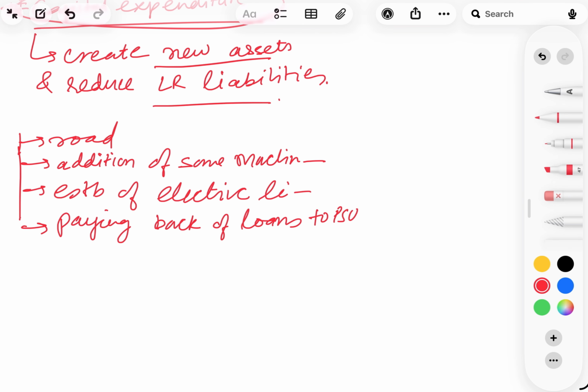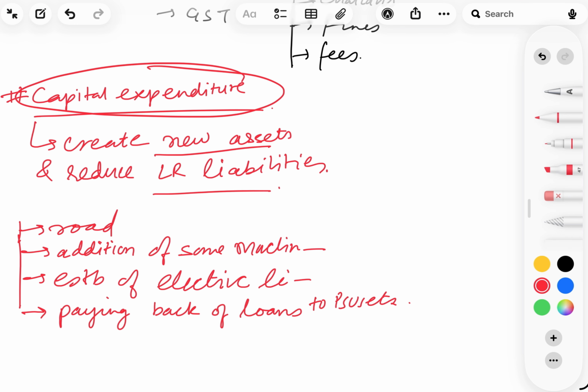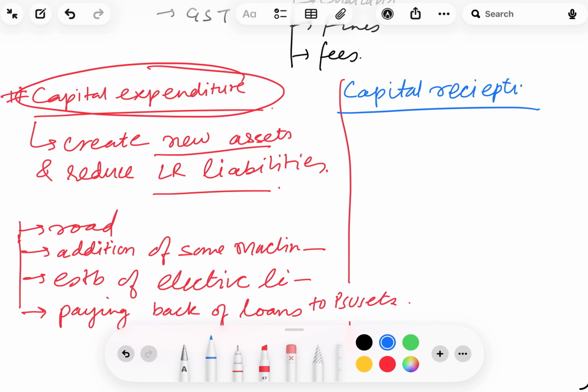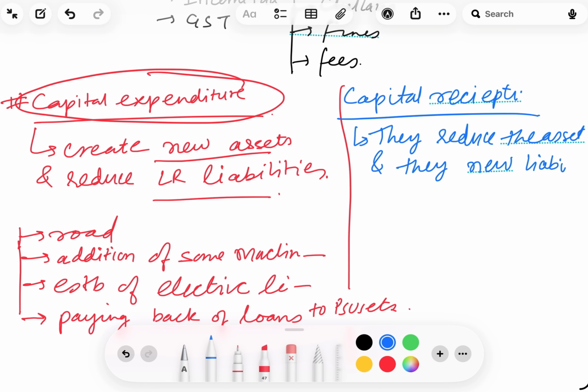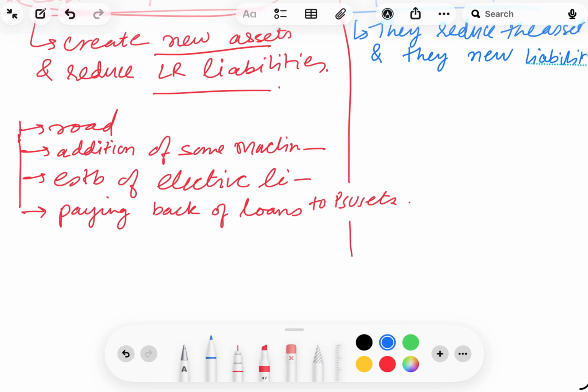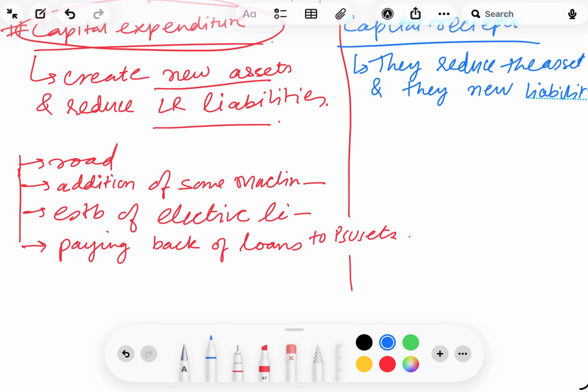I told you that capital expenditure is good and capital receipts are bad. Okay, now let's see what capital receipts are. Capital receipts reduce the asset and add new liabilities. Nobody wants that situation. So let me give you an example of how the asset is reduced and new liabilities are added.